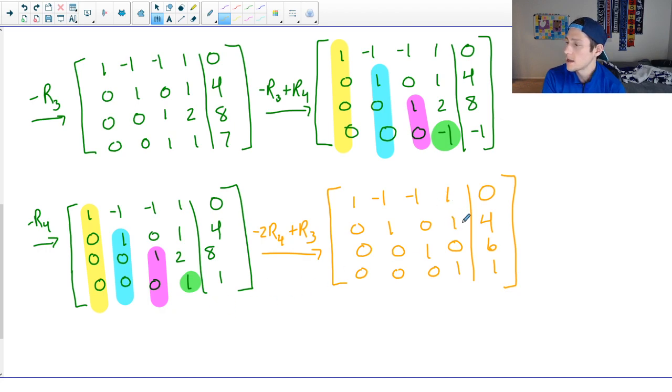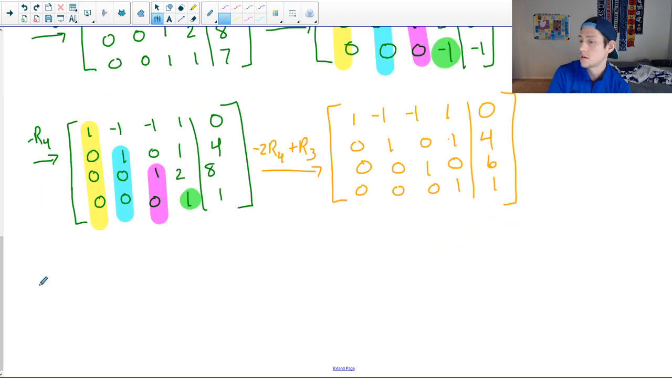Okay, now let's worry about this 1. What do I add to 1 to make 0? Negative 1. So negative row 4 plus row 2. Row 1 stays the same. Row 4 stays the same. Row 3 stays the same.